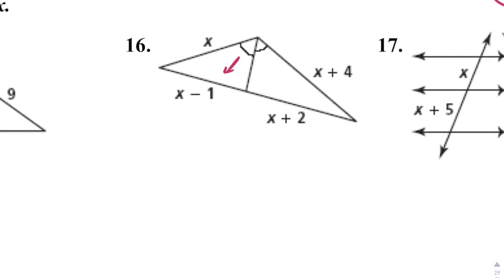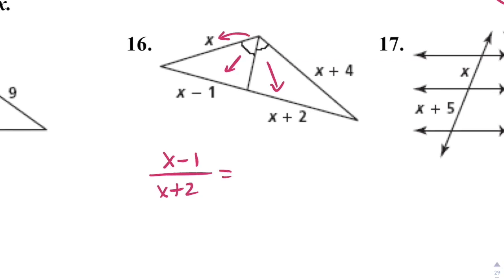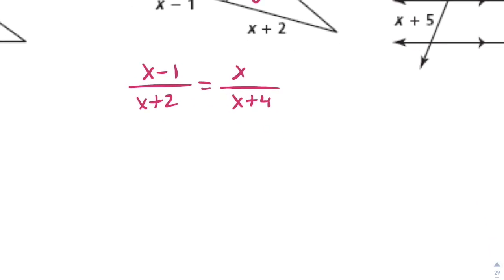So I'm going to do x minus 1 is to x plus 2 as x is to x plus 4. Find my cross products. And that yields you with x times x plus 2 and x minus 1 times x plus 4.